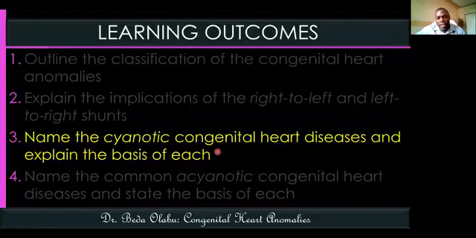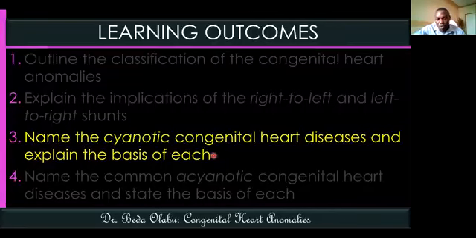So let's look at the congenital heart diseases that we classify as being cyanotic. Have it in your mind that whatever we are calling cyanotic congenital heart diseases present with bluish discoloration at birth.